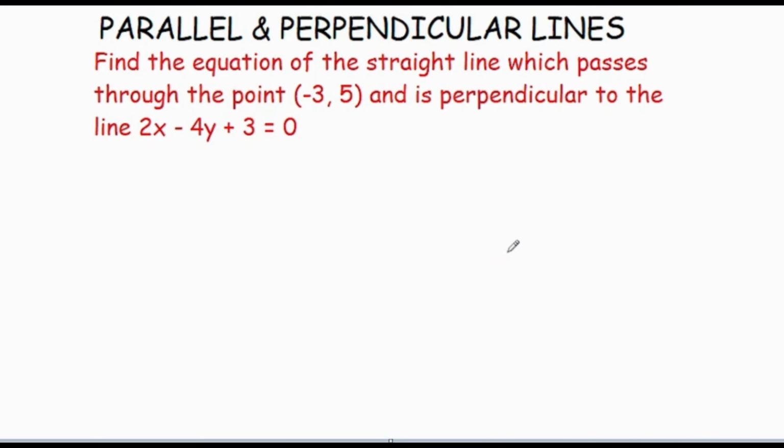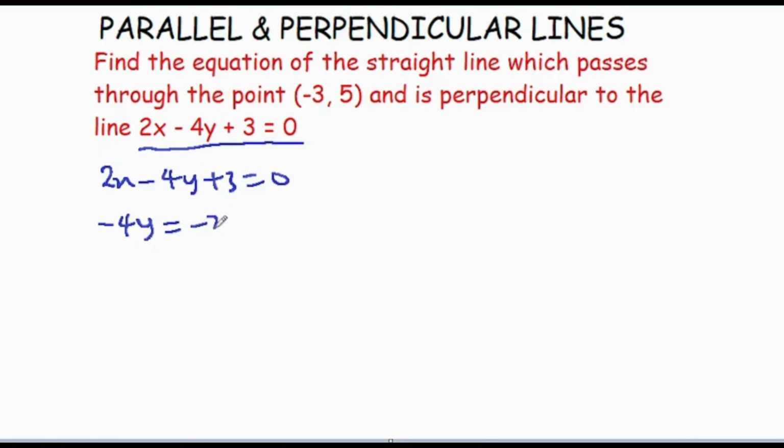In this example, we find the equation of a straight line passing through the point negative 3, 5, and is perpendicular to this equation. Let's convert this equation to slope intercept form. So we have 2x minus 4y plus 3 equals 0. We subtract 2x from both sides of the equation, so we have negative 4y equals negative 2x, and subtract 3 from both sides, we have negative 3.